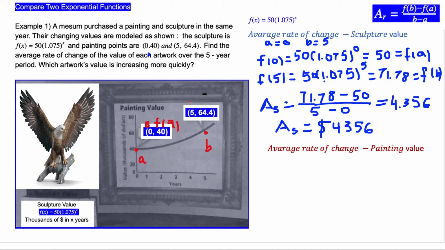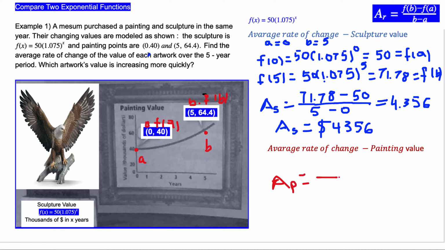In the second point, the first coordinate is b, and the y coordinate is f of b. So we can apply the average rate formula and find everything. Now let me write the average rate of the painting, AP.